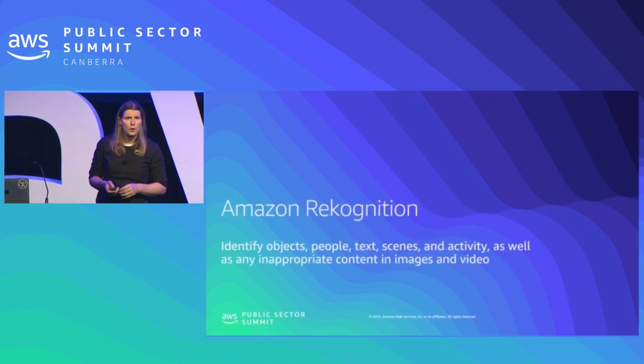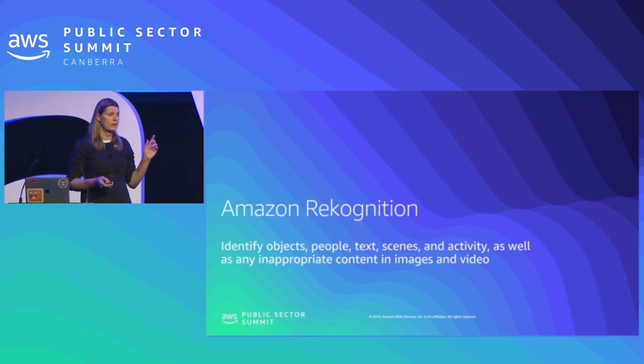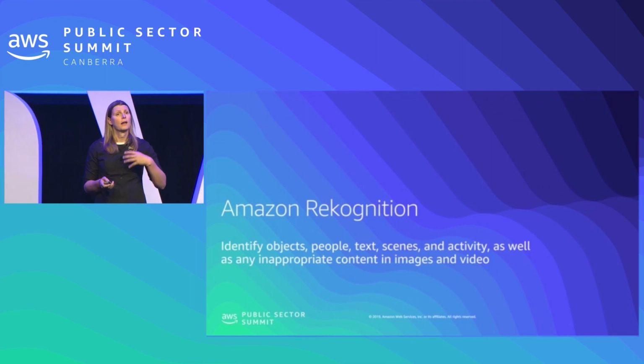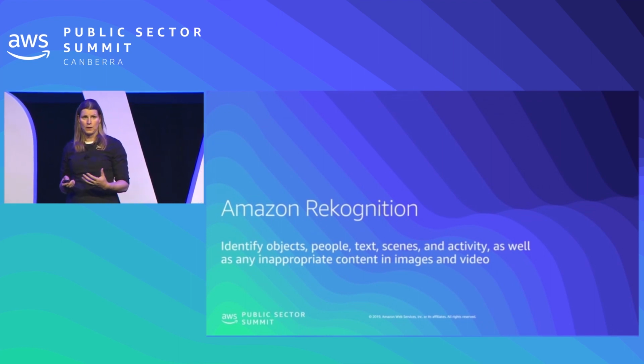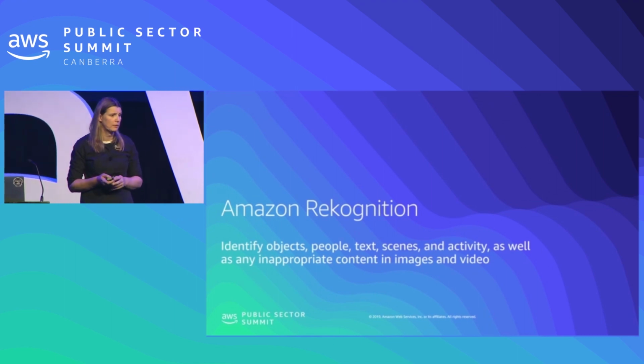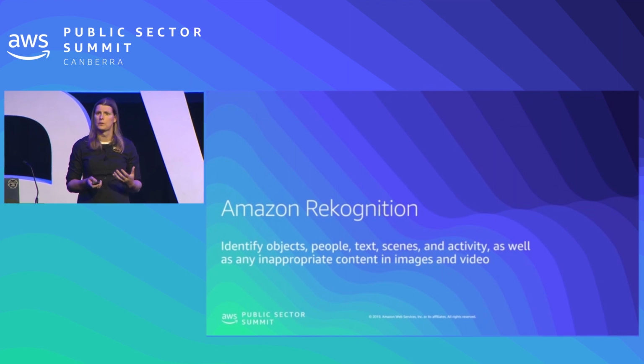The first tool I want to run you through is called Amazon Rekognition. As it says up here, it can identify objects, scenes, text, and so on out of images or videos. It's also got incredible facial recognition capabilities, and in fact, it's capable of recognizing thousands of different types of content in images or video.